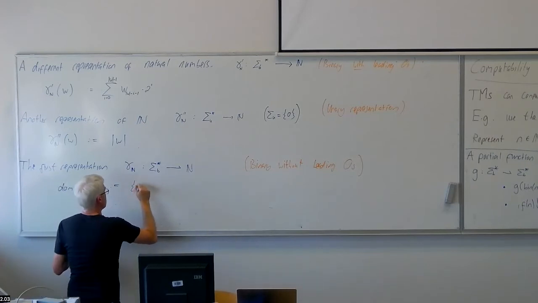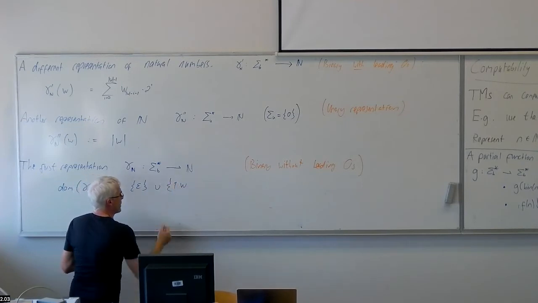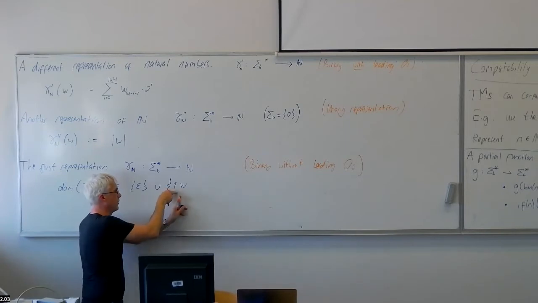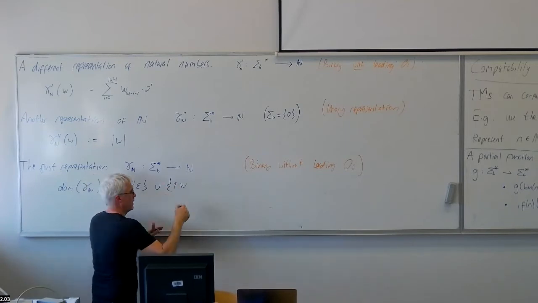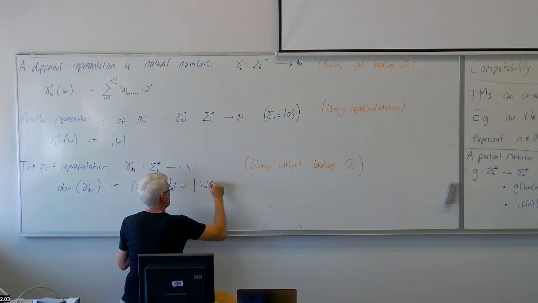We can define that as the empty word together with all words beginning with a 1. So we can write any word beginning with a 1 as 1 concatenated with some other arbitrary word. So here, W is some other arbitrary binary word.